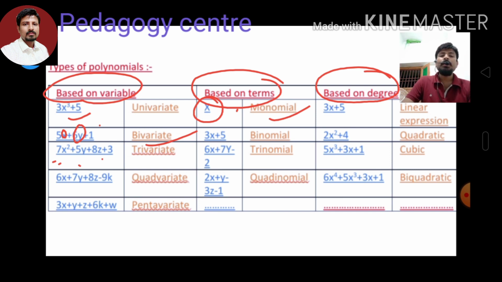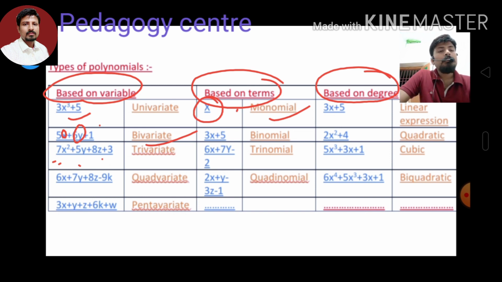For example, 2x plus y minus 3z minus 1 is a quadrinomial polynomial because this expression contains four terms: 2x, y, minus 3z and minus 1. So this expression is called a quadrinomial polynomial.